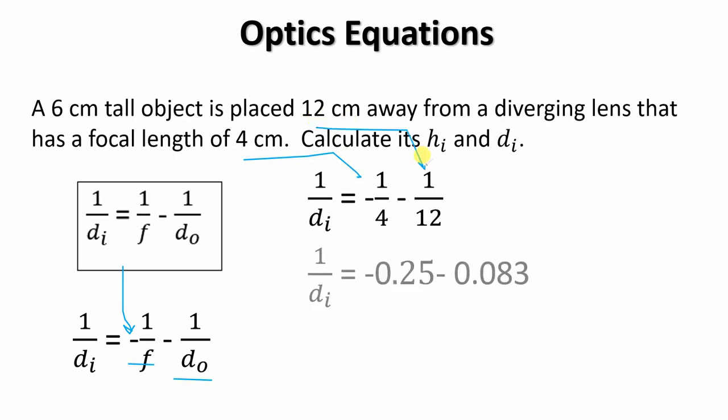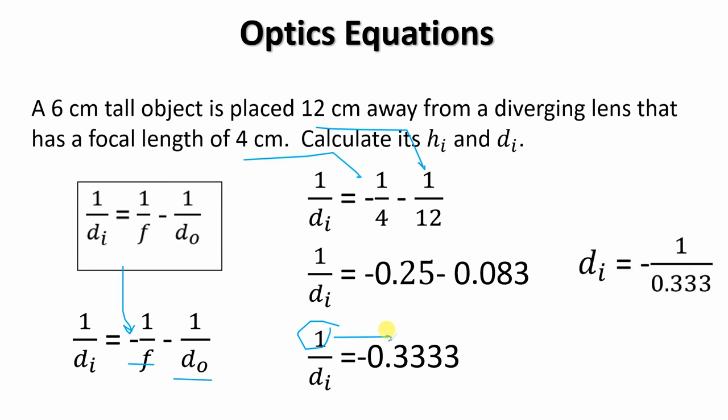Reducing both of those terms to decimals, so 1 divided by 4 and 1 divided by 12, and putting all that together, you get negative 0.333. We're going to move that 1 over to this side. So essentially we're doing 1 divided by our answer, and we get an answer of minus 3. So the distance of our image is minus 3 centimeters.